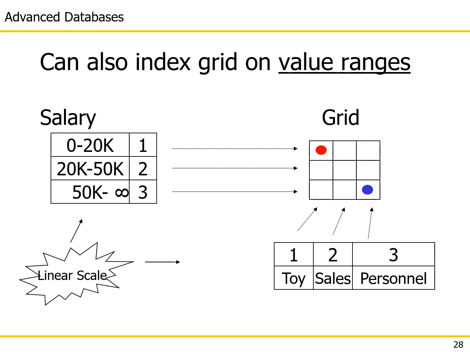And if you look at the blue dot at the bottom right, that's going to be for the intersection of the last row and the last column, for employees in the personnel department whose salary is greater than 50K. So you allocate the values on every dimension. And obviously they have to be mutually exclusive for this to work. They have to make some kind of a scale.